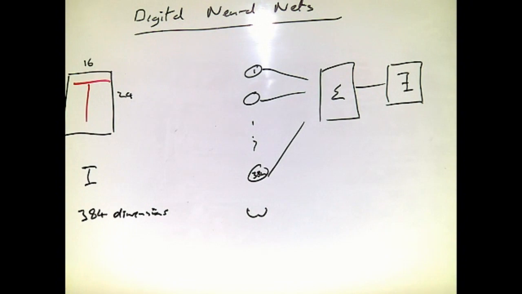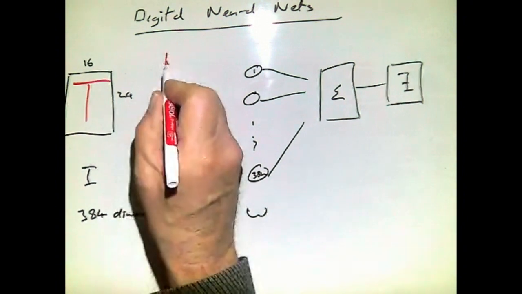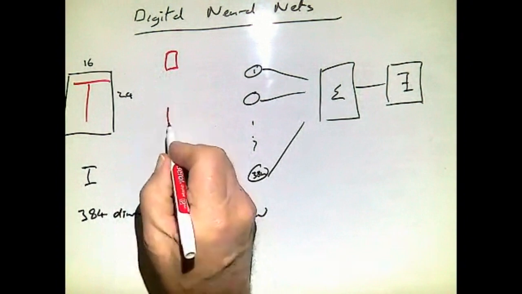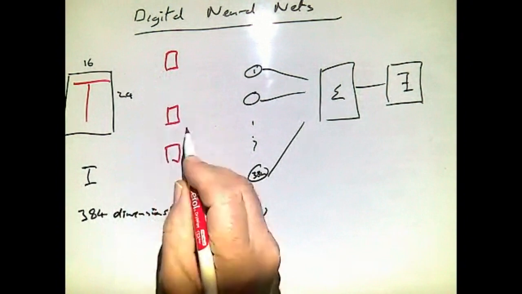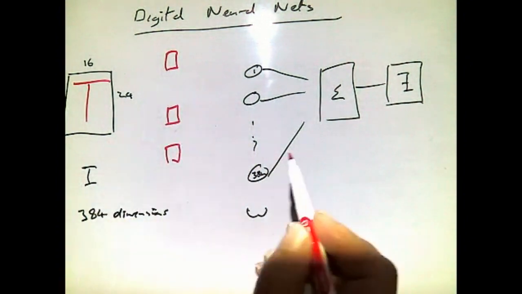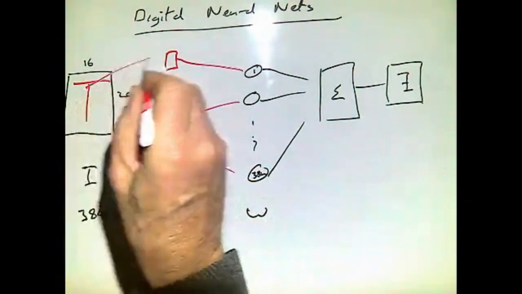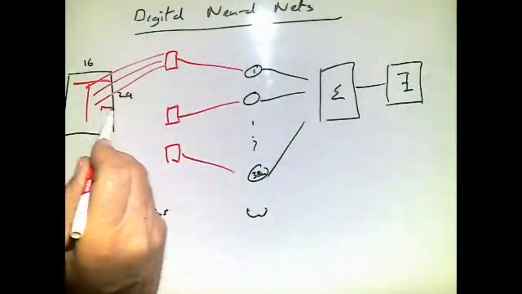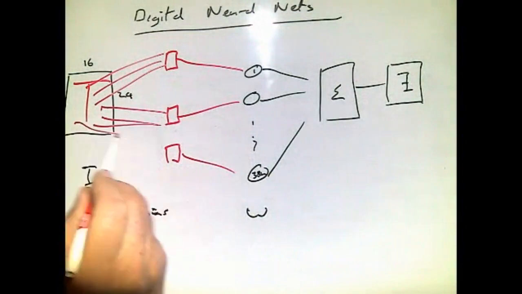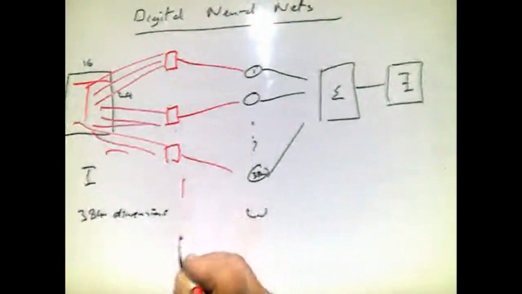They go to multi-layers, and the multi-layer can learn to transform. But they introduced a series of inputs, as many as they liked. These would be driving the inputs here, and these would be taking a series of pixel inputs from the front. And this was the association layer.